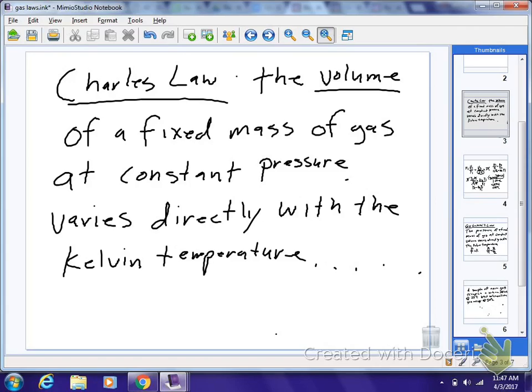Okay, by doing this, how did you guys figure your constant? Did you multiply the variables or did you divide the variables when you tried to find your constants? Do you take V times T to get a constant, or do you take V divided by T?